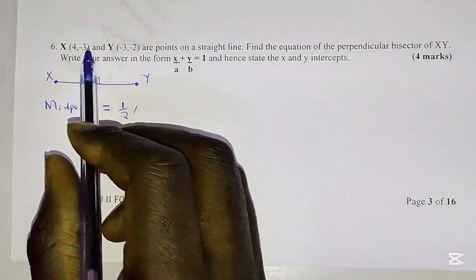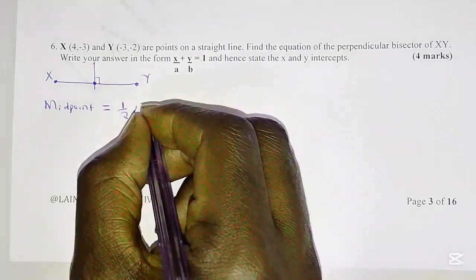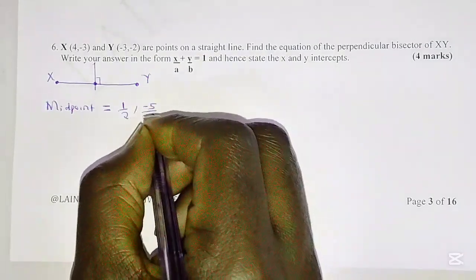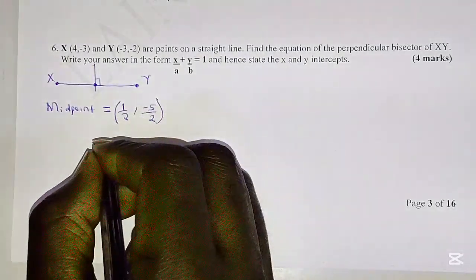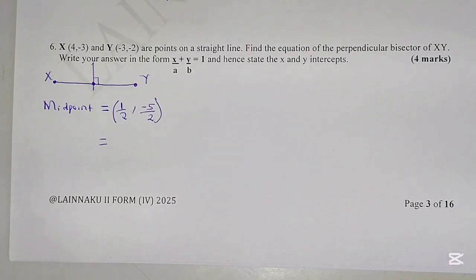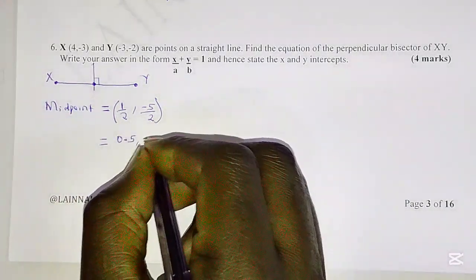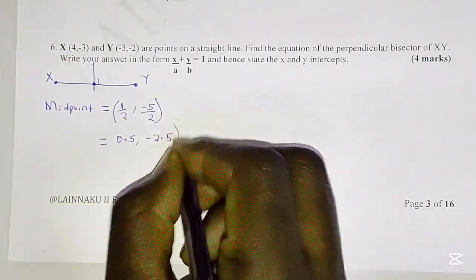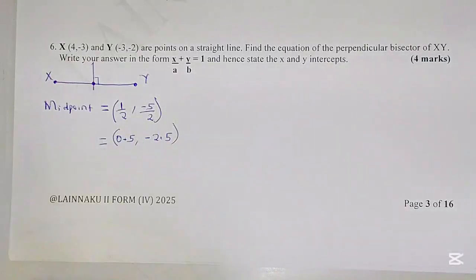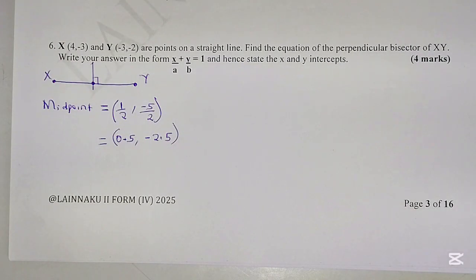So that means negative 3 minus 2, which gives me negative 5 over 2. So our midpoint in this particular case becomes 0.5, comma, negative 2.5. That's where the perpendicular line is passing.